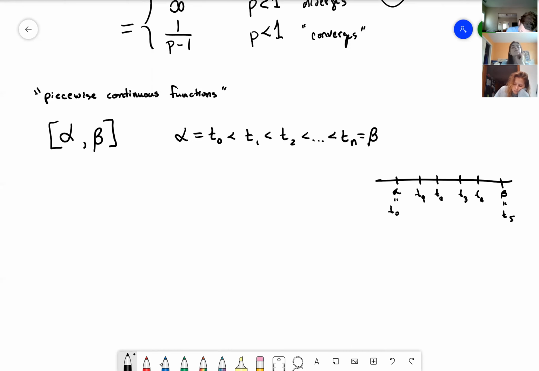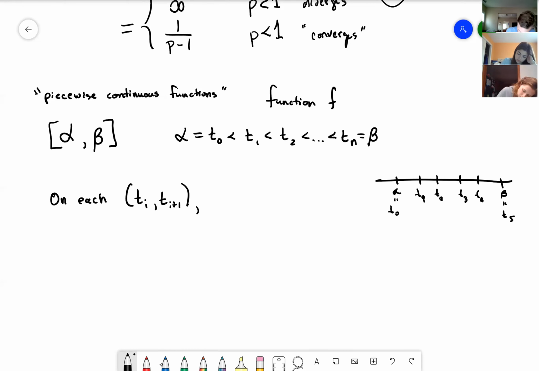Then if this thing is piecewise continuous, then on each subinterval, ti to ti plus 1, let's say we'll call this function f, f is continuous.